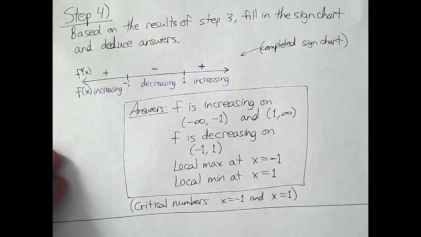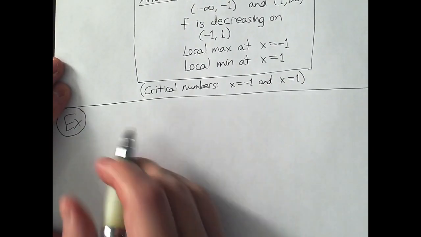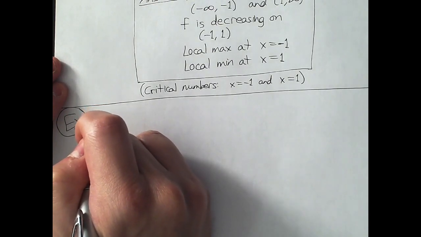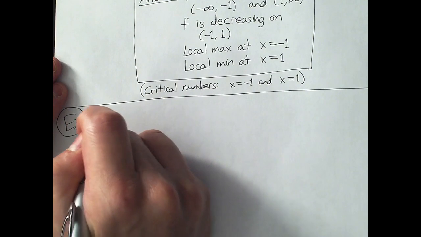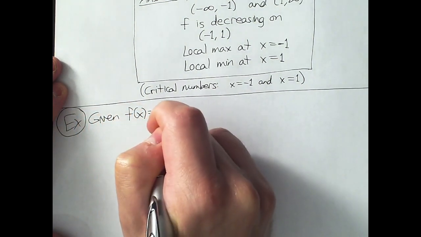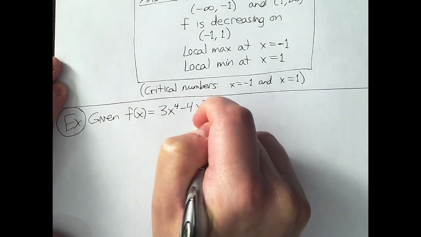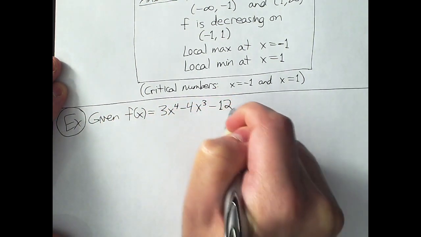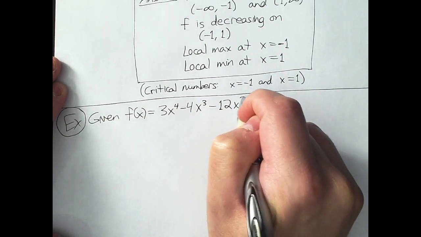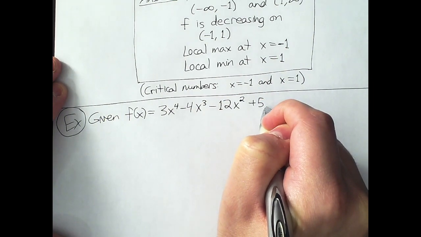All right, let's have another function. I've been talking a lot, and I think I explained that problem in great detail. So how about I have you try this? Given f of x equals, and you can write a little less than I did, but I'd like you to try to do this with a sign chart. When I answer this, I'm just going to draw one sign chart, not like 2 or 3 of them.